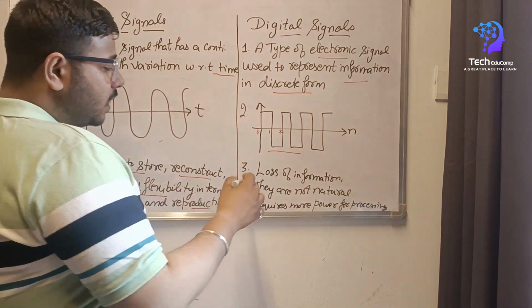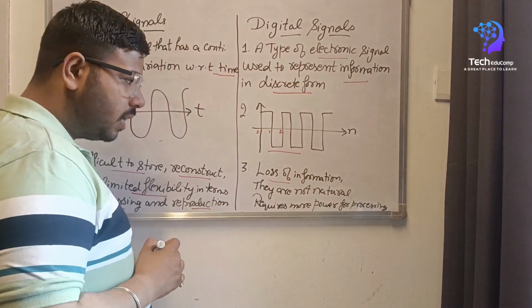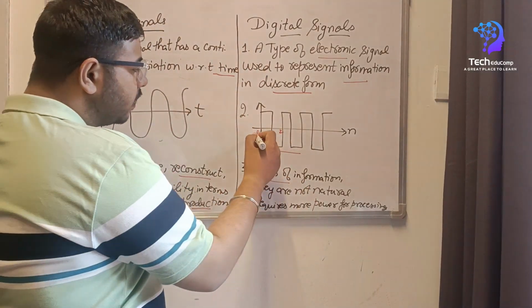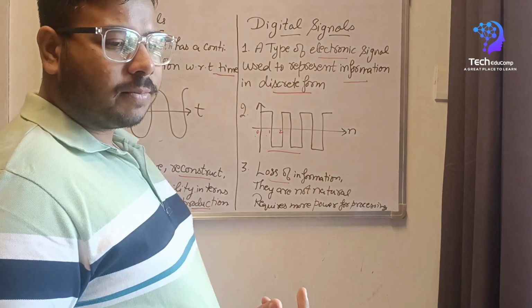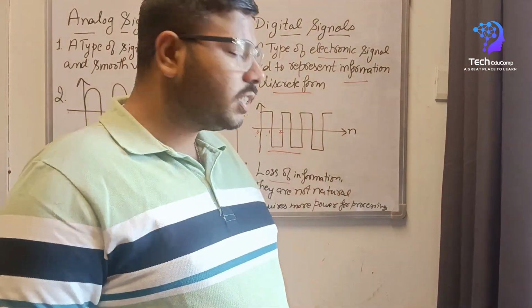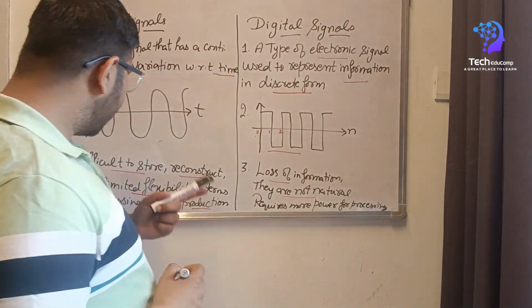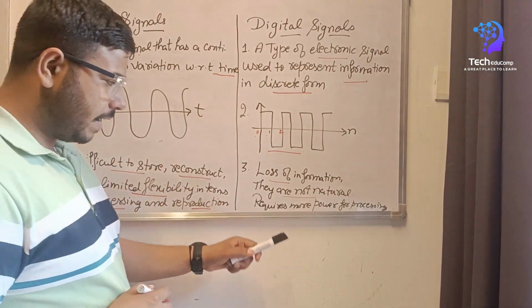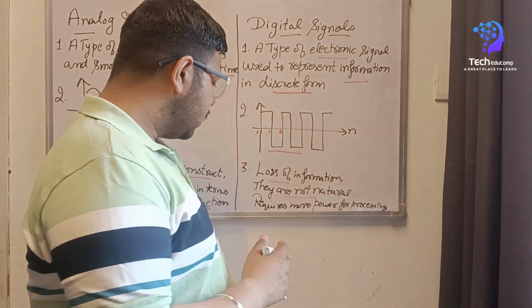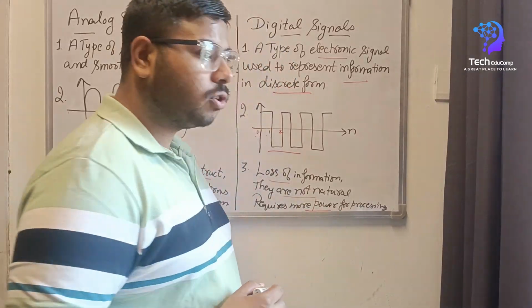But because of this, there is some information loss. If there is some information between two points, it will be completely lost. We don't know what it is. Also, digital signals are not natural, unlike analog signals, and that's why they require more power for processing.